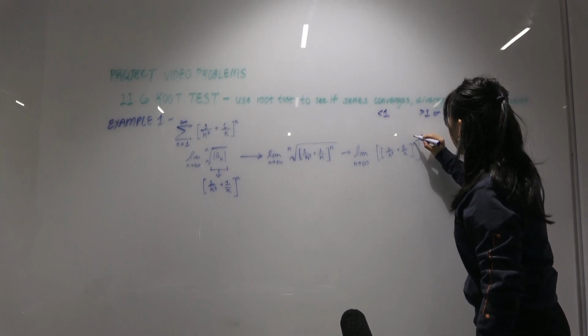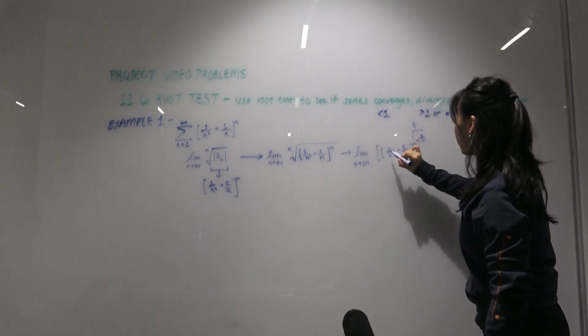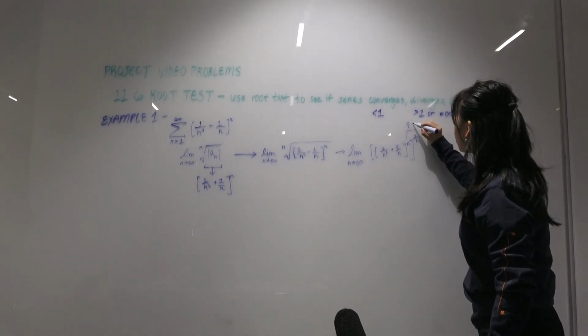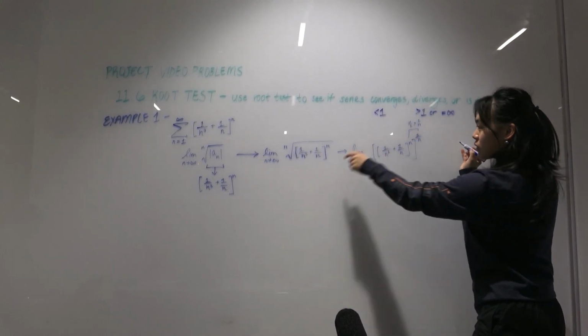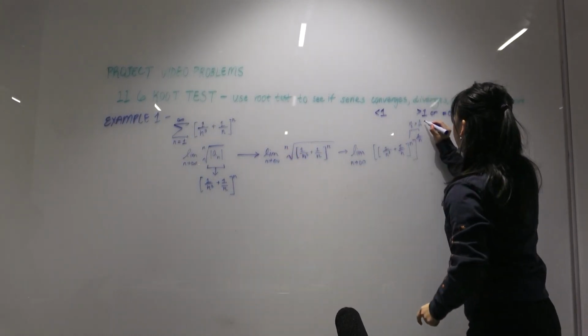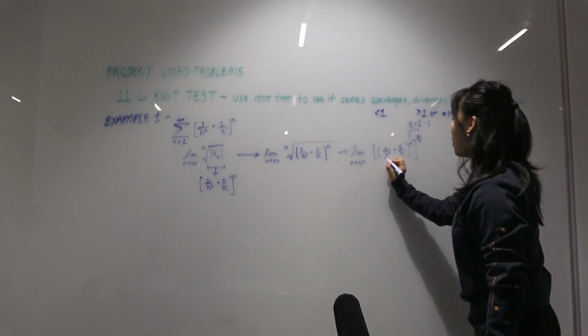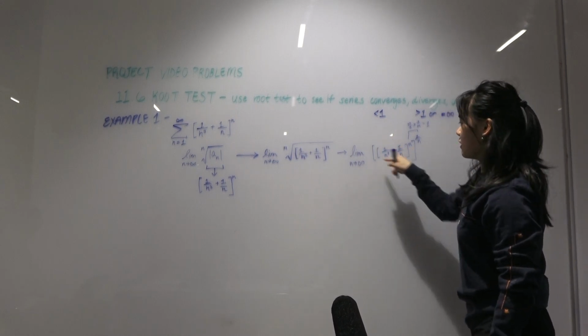So when you do that, you get n over 1. That's the exponent n from the 1 over n cubed plus 1 over n term multiplied by the 1 over n from the nth root, and those cancel out. So then you're just left with 1. All of this raised to 1 is just the value itself.